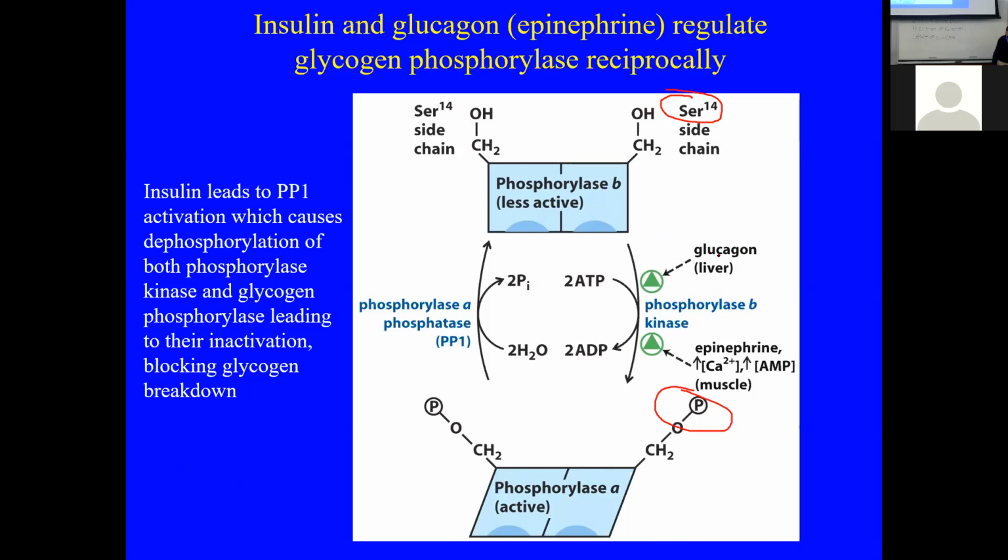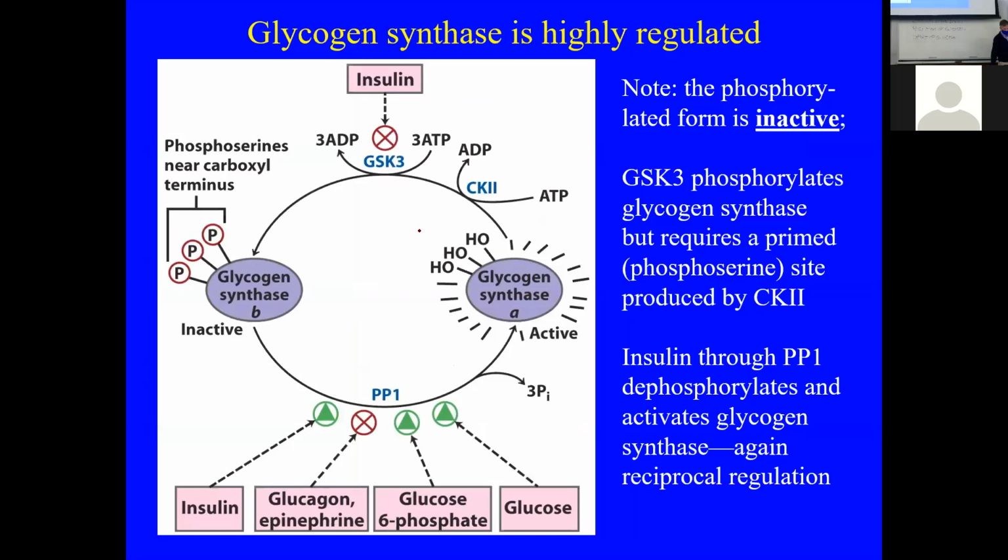That is promoted by glucagon through protein kinase A or epinephrine through protein kinase A. Conversely, if we have high glucose, we're going to activate this phosphoprotein phosphatase 1, leading to its dephosphorylation and inactivation. Okay. The glycogen synthase, its regulation is a bit more complicated.